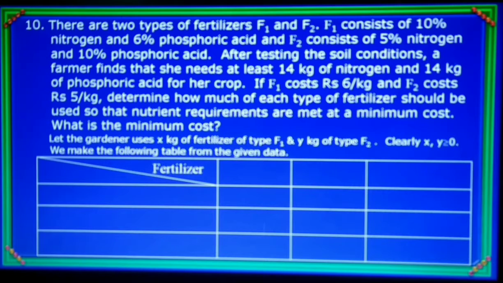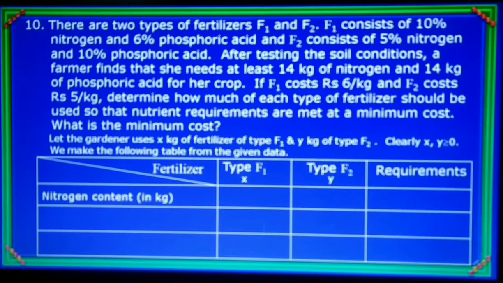Fertilizer type: F1, type F2, requirements. Nitrogen content in kg, phosphoric acid content in kg, cost rupees per kg.